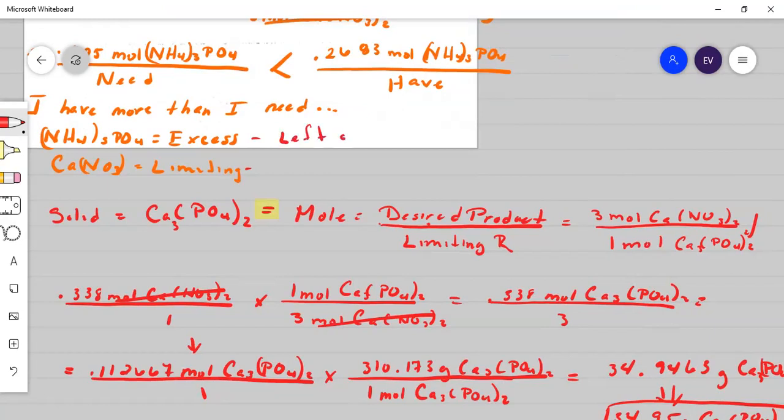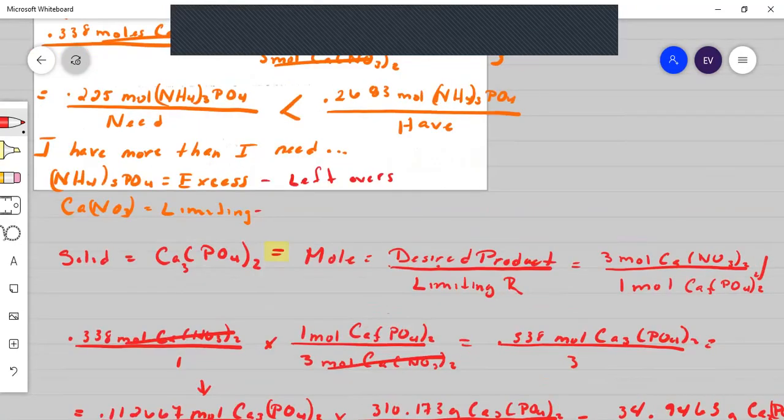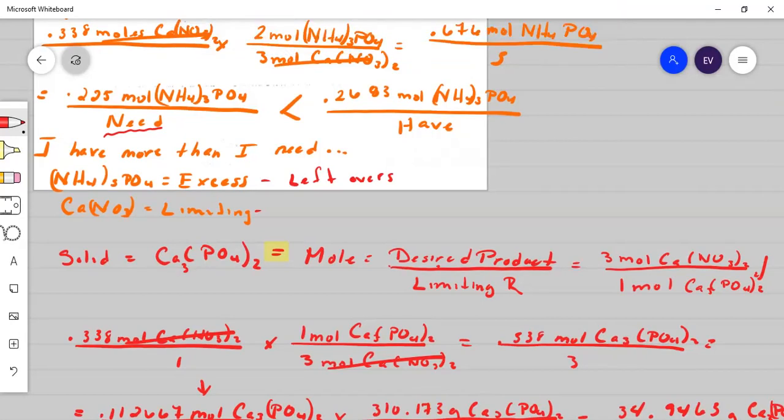And this I did tell you. What question 1B is asking you is how much of what you have is going to be left over, right? So let's take a look here. It tells you right here, look, we calculated this way. So I can see how much I need of ammonium phosphate because this is my excess, right? And how much I have of it. So if I need 0.225 and I have 0.2683, how much of that is going to be unreacted?